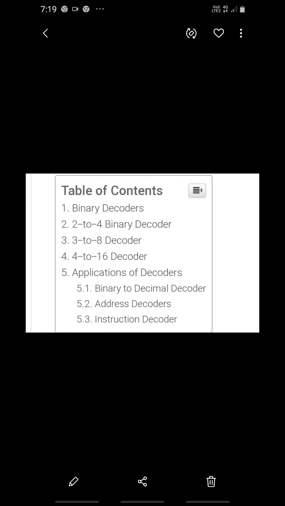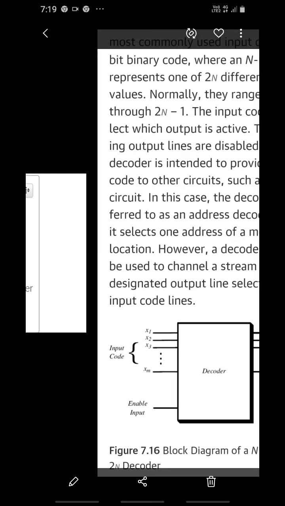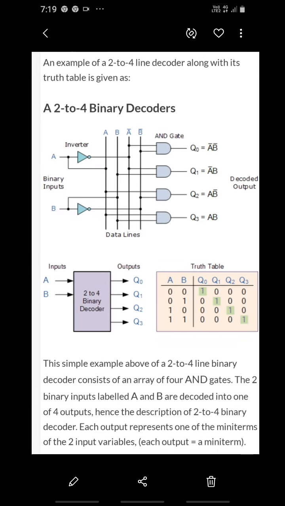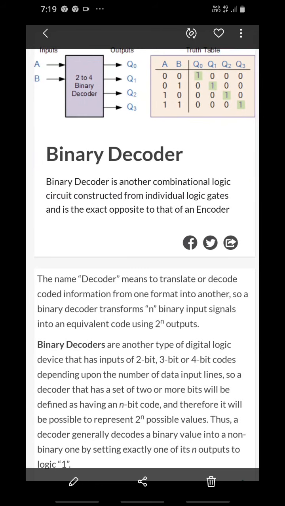And now I am explaining about the 2 to 4 binary decoder. The 2 to 4 binary decoder symbol and its related truth table are shown in the above PPT.